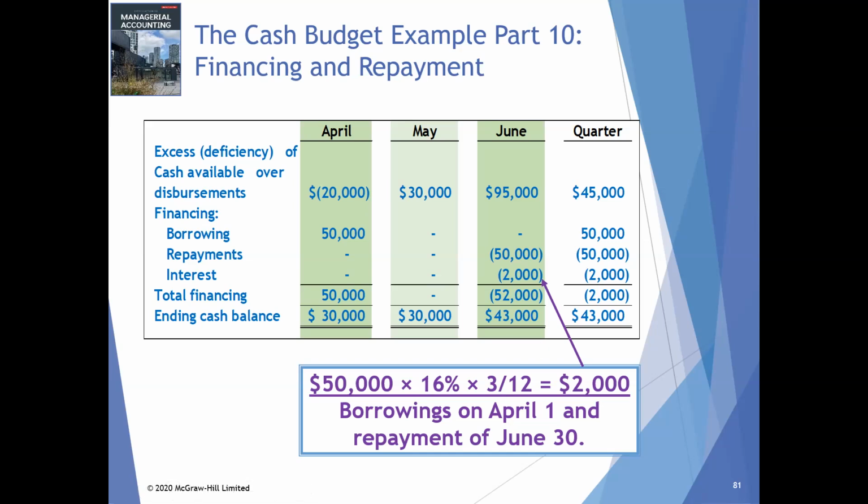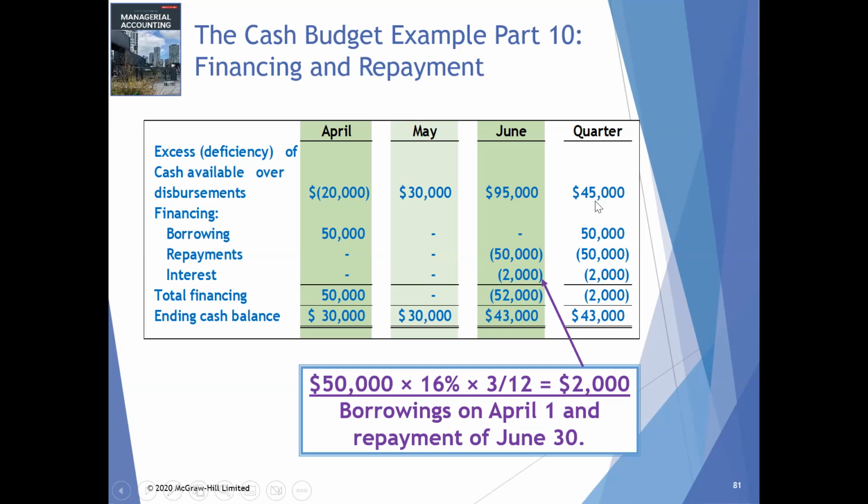So now, if we talk about the quarter, in the quarter we will see $45,000. How has this $45,000 come? For the quarter, $45,000.